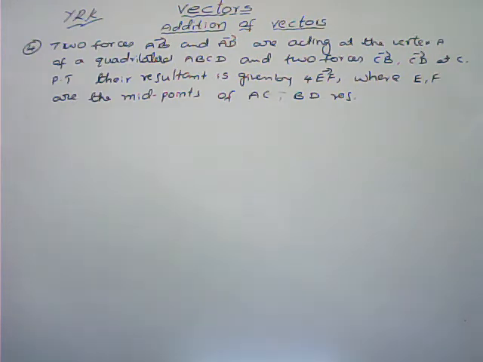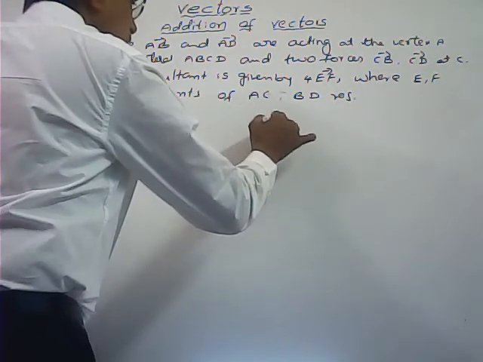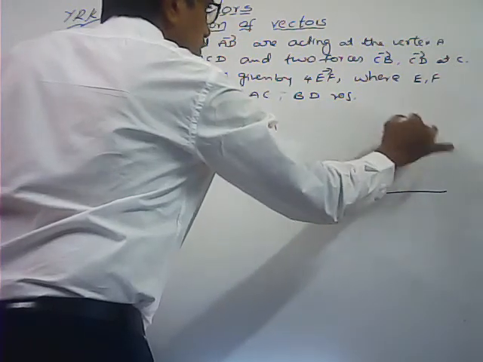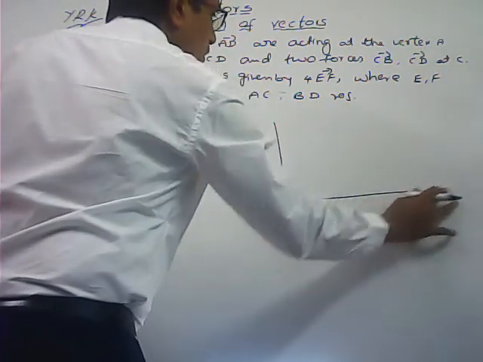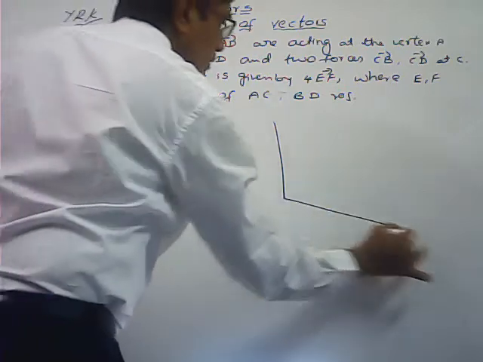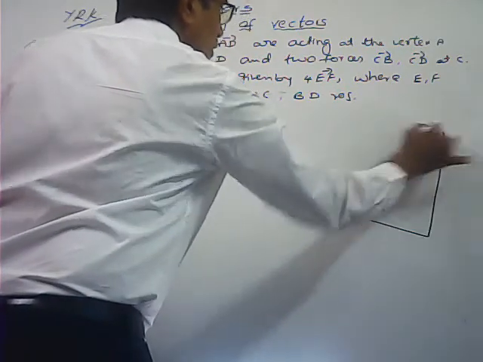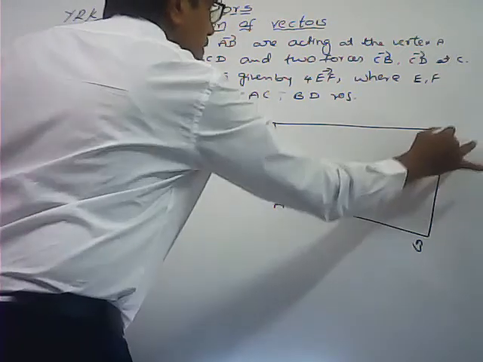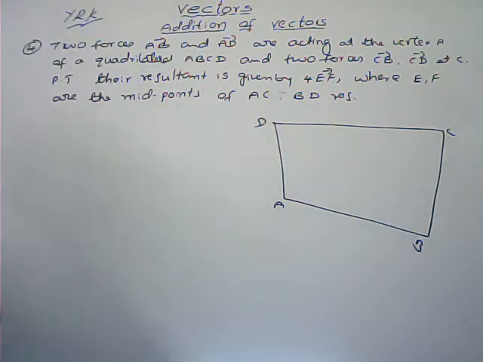Next one. Two forces AB bar and AD bar are acting at the vertex A of a quadrilateral ABCD. Here I am taking one of the quadrilaterals, ABCD.